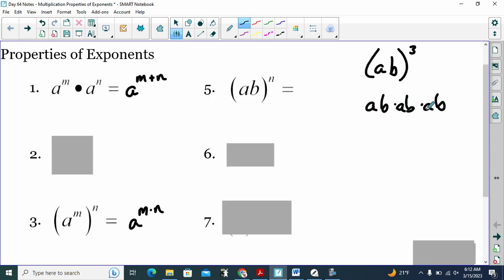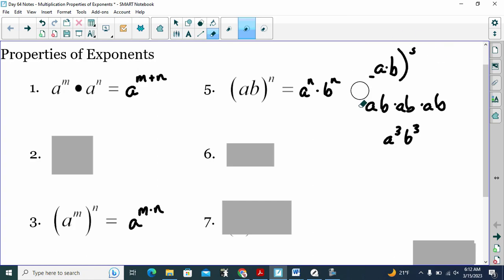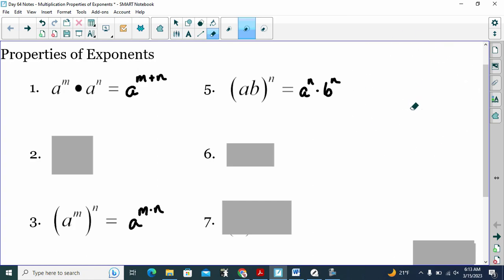A times A times A is A cubed. And B times B times B is B cubed. Notice if I'm multiplying inside the parentheses and raise it to an exponent, I can distribute that exponent. I can do A to the n times B to the n. This is called the power of a product rule.